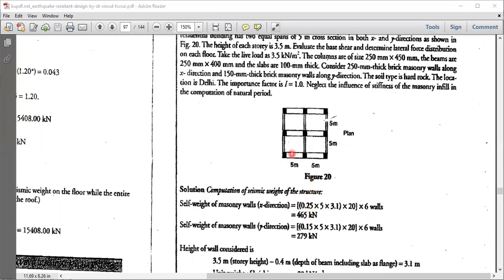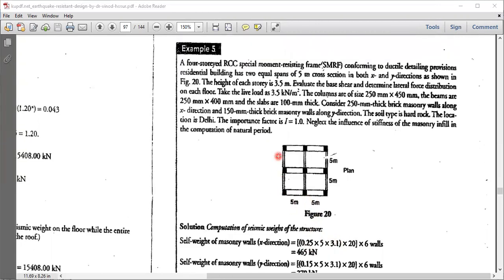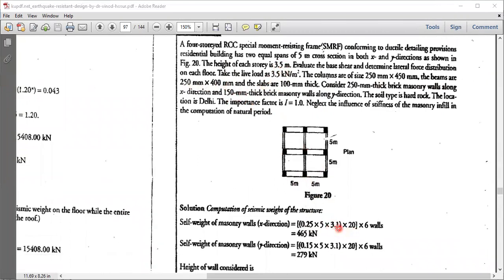So 0.25 into 5 is this center to center distance, 3.1 because 3.5 is your total height of the story, and you have the beams of size 250 by 400, depth is 400, so 0.4 has to be deducted from 3.5, that makes it 3.1.